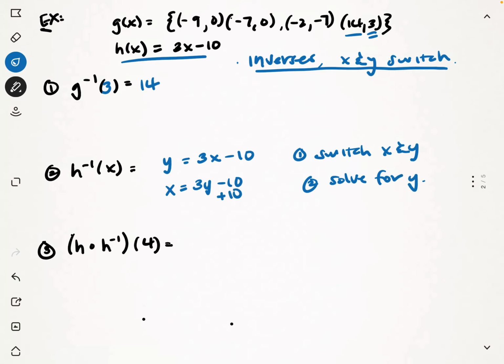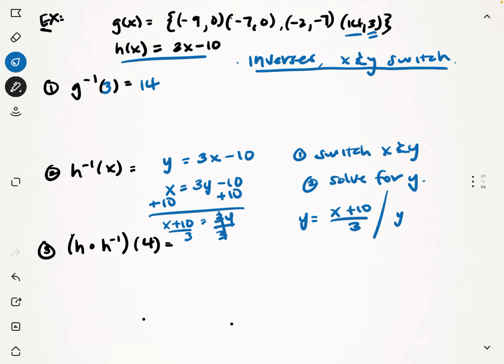We're going to add 10, and then we're going to divide by 3. So y is equal to x plus 10 over 3. If Alex doesn't like that answer, we can split this up into 2 parts.